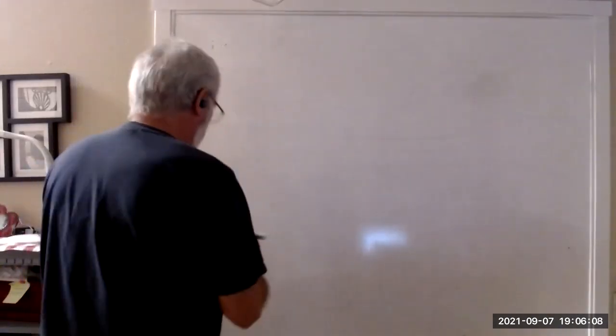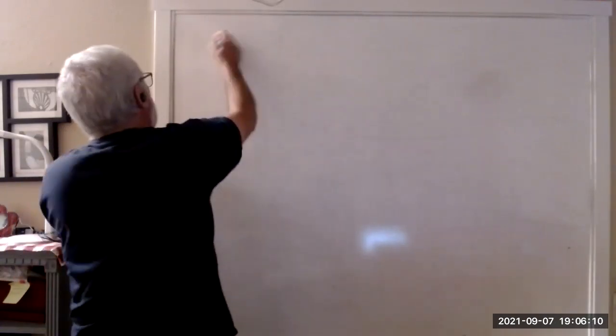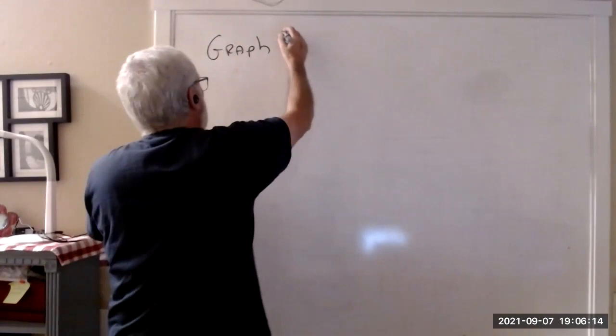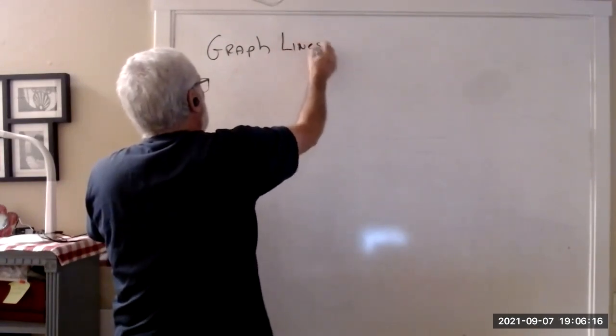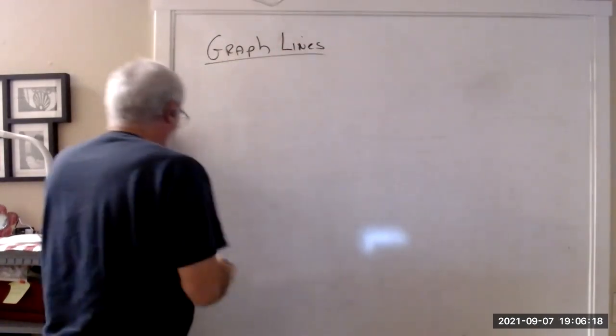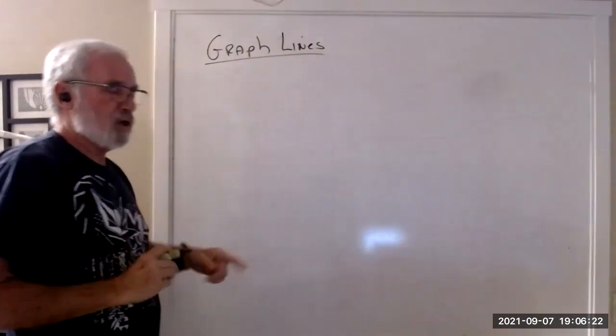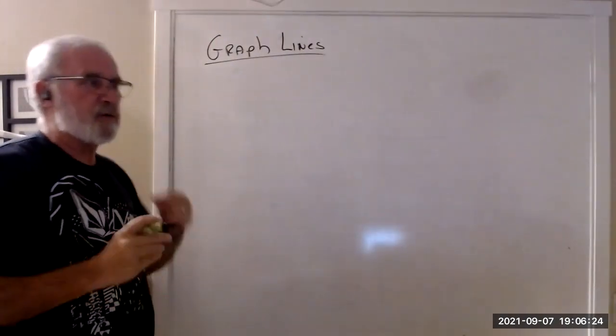All right. Then the next big topic that I'm concerned with is how to graph a line. This is still part of review. Okay. There are two methods. Neither one is better than the other.